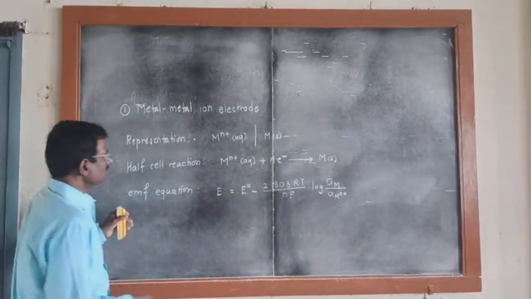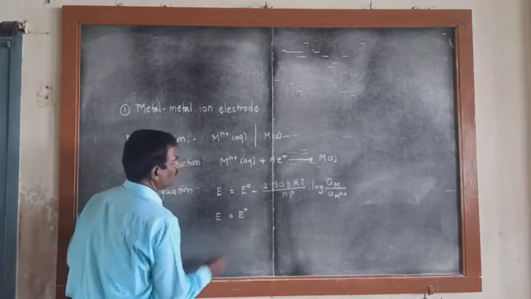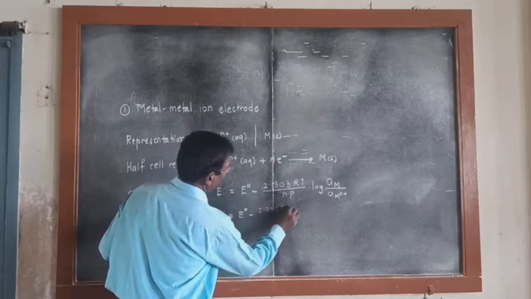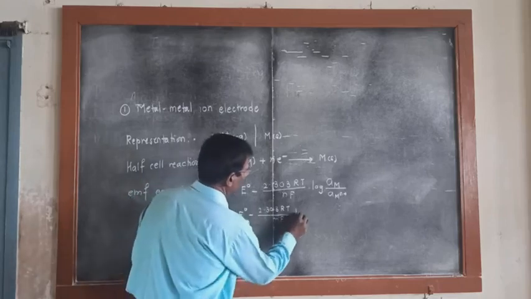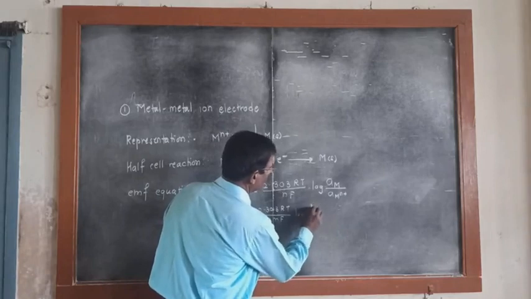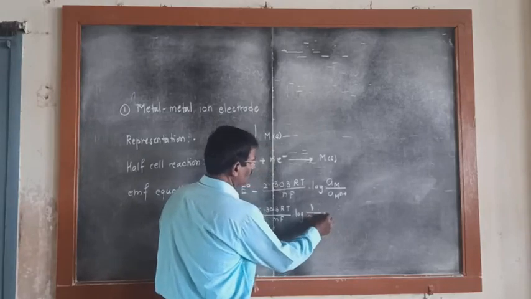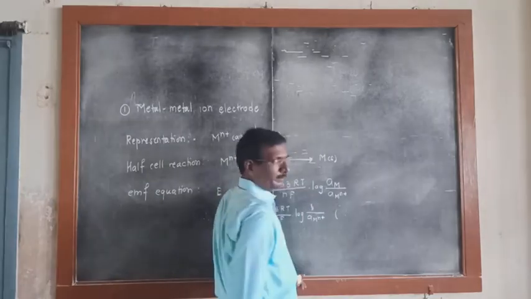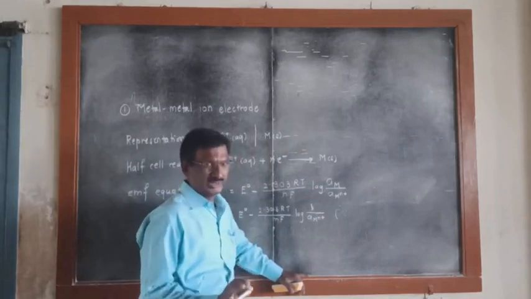Therefore, this equation can also be written as E is equal to E0 minus 2.303 RT upon nF into log of 1 upon activity of Mn+. In electrochemistry, activity of metal or activity of liquid is always considered as 1.